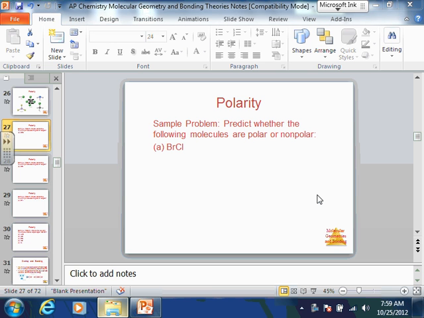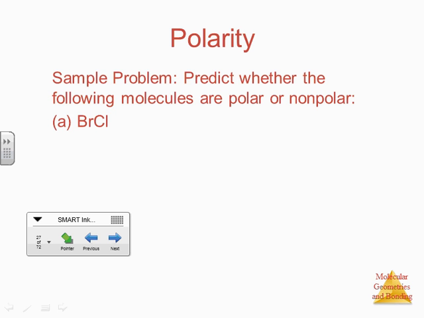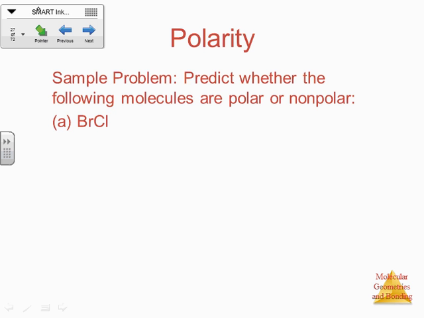So first one here is BrCl. And that one is just a linear molecule, because we just got two things there. So what we've got to think about on that one, Br bonded to Cl. First of all, we got to think about trends to figure out which one of those is more electronegative. Because the chlorine is smaller, that means that its valence electrons are a little bit closer to the nucleus.